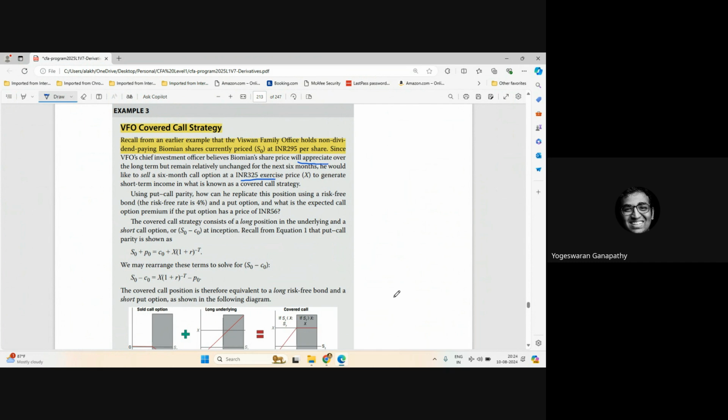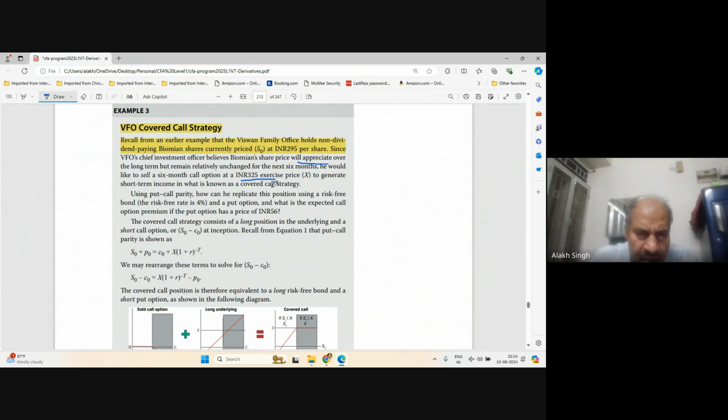Using put-call parity, how can he replicate his position using a risk-free bond if the risk-free rate is 4% and a put option? And what is the expected call option premium if the put option has a price of 56? So he's telling that he wants to sell a covered call.